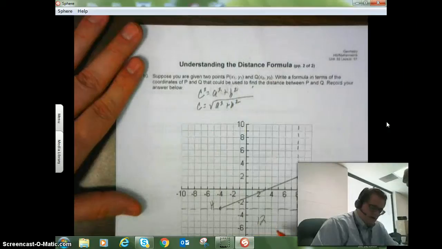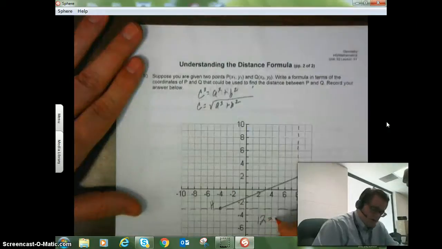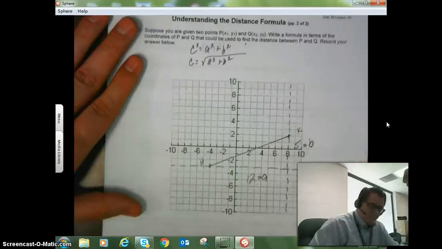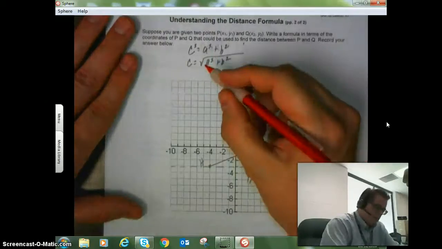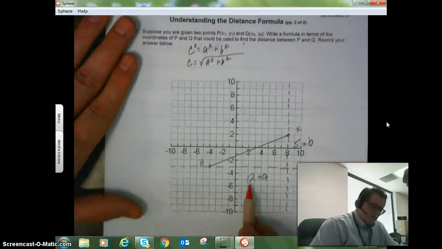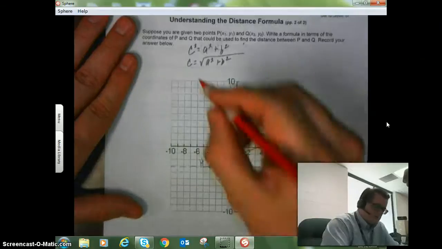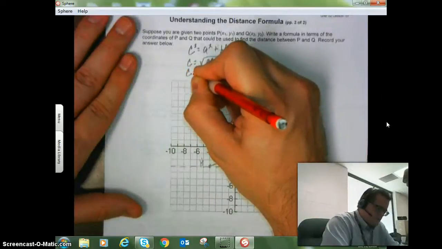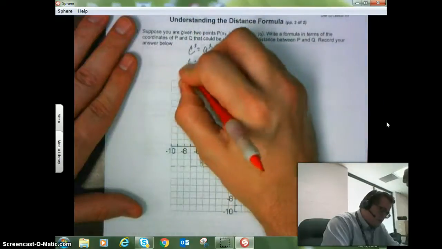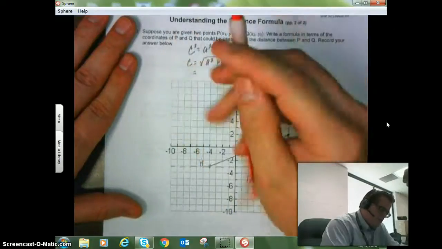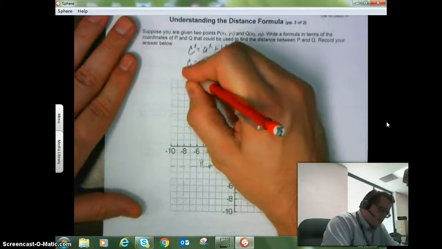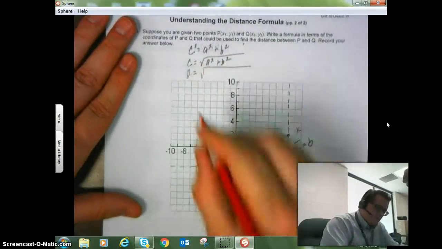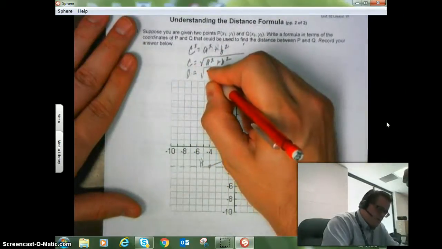Well, I'm going to say that this side is a and this side is b for the purposes of the demonstration here. The way that we found this length of 12 is we took the difference of the x values. So I'm going to say c is equal to, and now instead of calling it c for the hypotenuse, I'm going to call it d for distance. And the way that we found that 12 is we took the difference of the two x numbers.